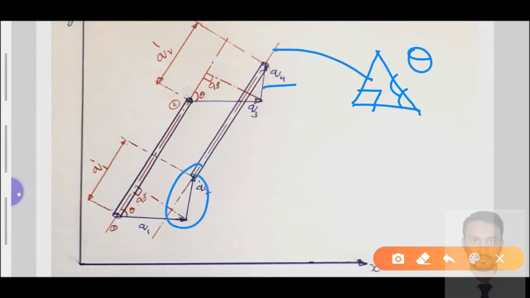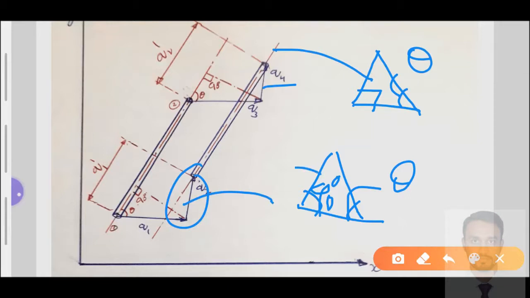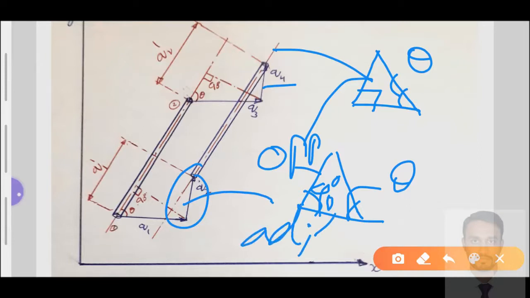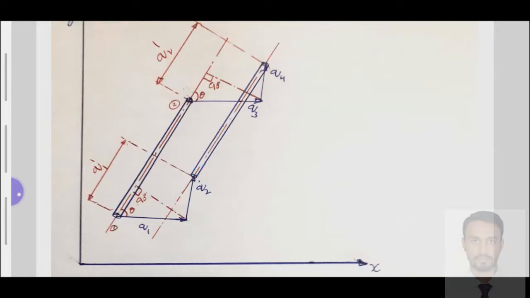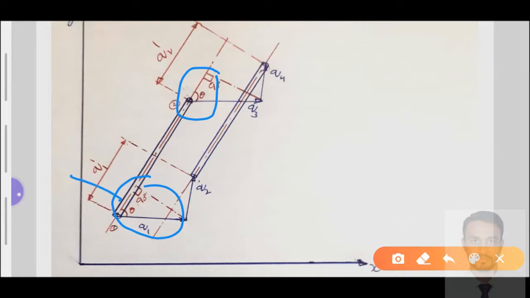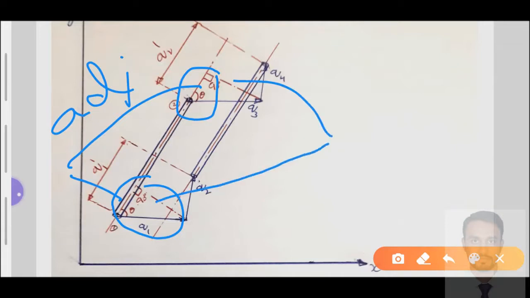Similarly, we have this element here like this, the 90 degrees, and this is theta. So this one is the opposite side and this one is the adjacent side. Then we have this portion for this triangular element. This side is the adjacent side, and this side is the opposite side.